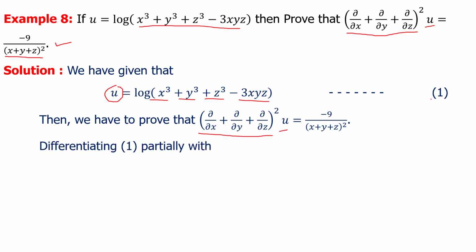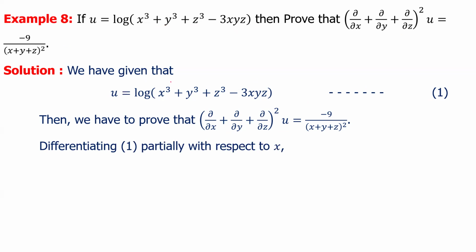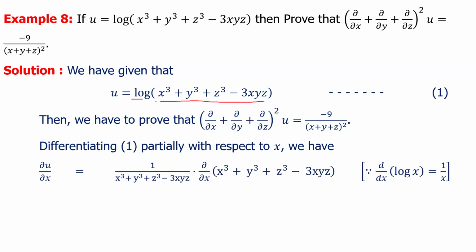Differentiating partially with respect to x, we have, just look here, this is log of something. So what is the derivative of log of x? It is nothing but 1 upon x. Here this total term is x, so the derivative of log of this is 1 upon x cube plus y cube plus z cube minus 3xyz, and then again the derivative of x cube plus y cube plus z cube minus 3xyz.